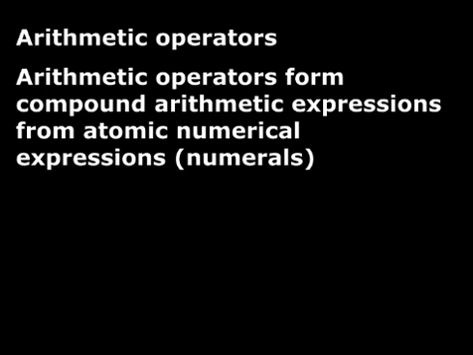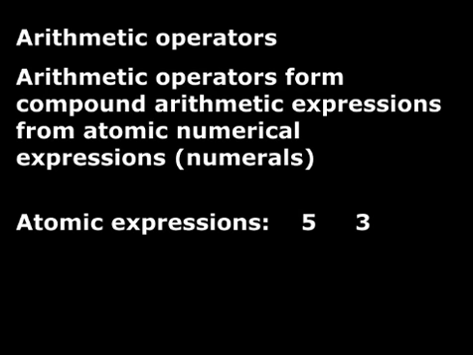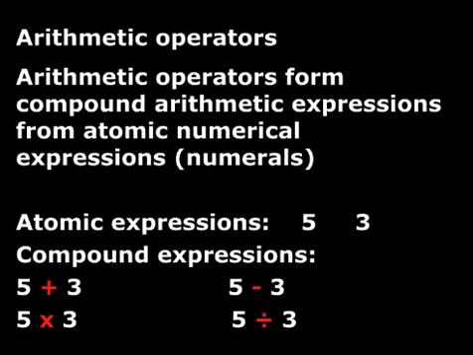Now we can use the arithmetic operators to put together these atomic expressions like 5 and 3 into compound expressions: 5 plus 3, 5 times 3, 5 minus 3, 5 divided by 3. These operators are building up a more complicated expression from the simpler, atomic ones. So 5 is an atomic expression in arithmetic, but 5 minus 3 is a compound expression. You're all familiar with that.